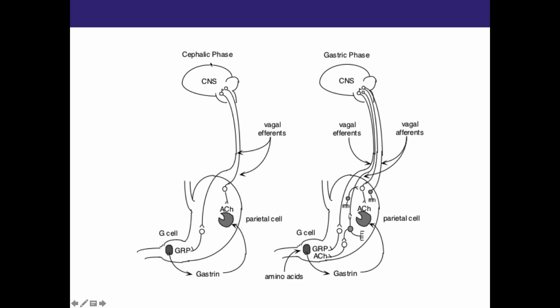The gastric phase, now this is actually when you've eaten something. Now you can see these really weird looking Ms. These are supposed to represent mechanoreceptors. You're going to get fundus receptive relaxation, more acetylcholine release, gastrin starts to ramp up the system. You have these long reflexes.